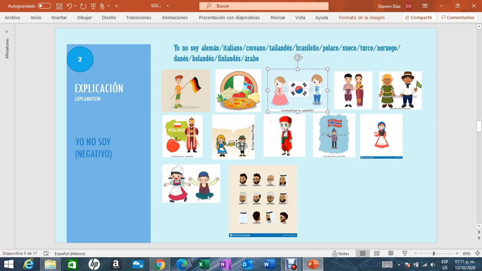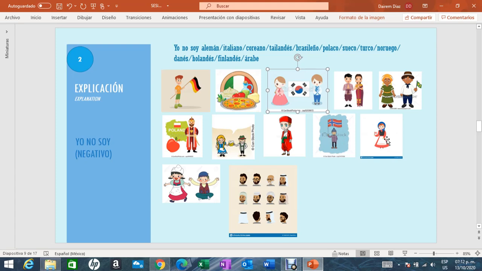Yo no soy sueco, from Sweden. Yo no soy turco, from Turkey. Yo no soy noruego. Norwegian is the adjective. The country is called Norway. So, yo no soy noruego, from Norway.